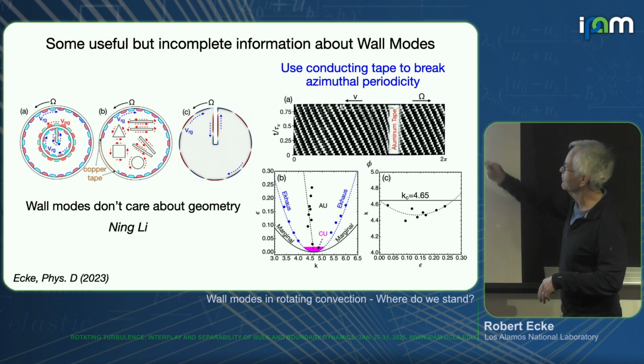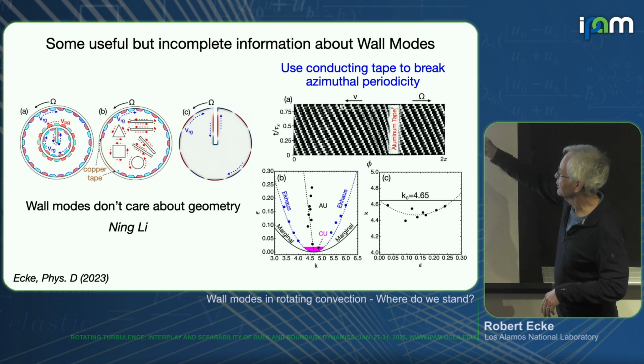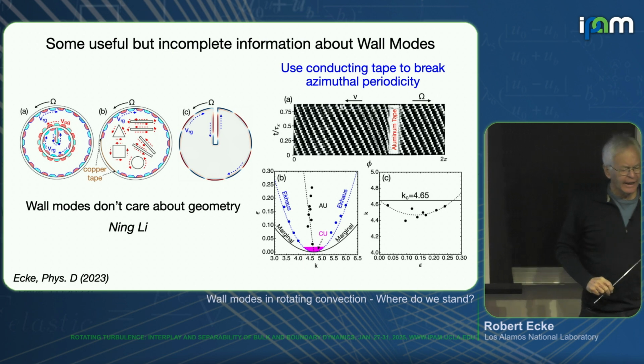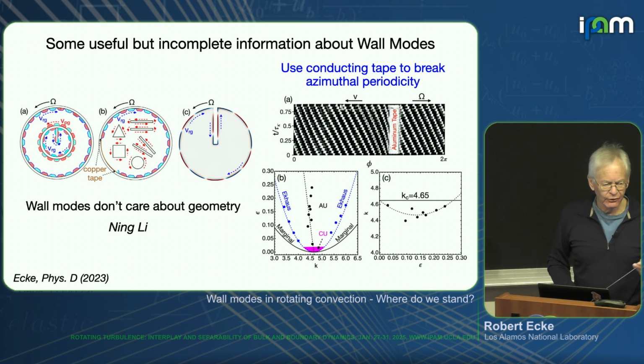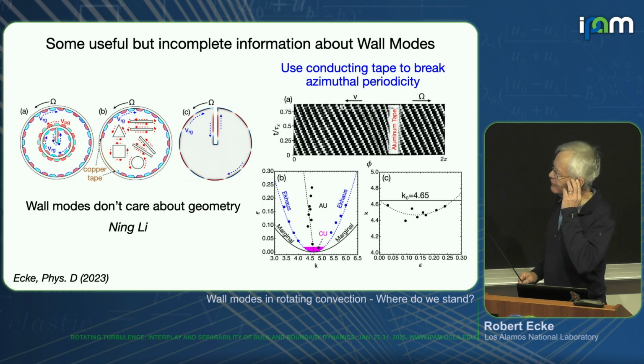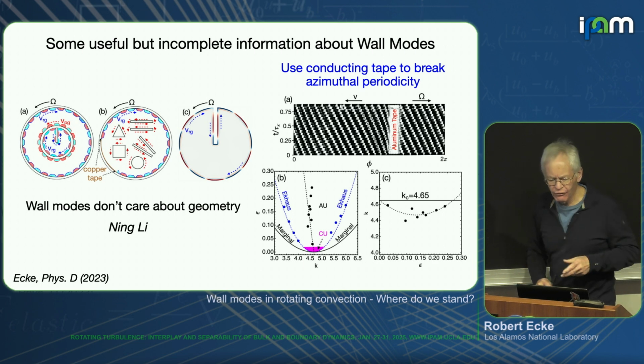So this was a nice demonstration that you could locally suppress that and break that azimuthal symmetry. And I wonder whether that might be a useful technique in some of these experiments to see if it made any difference.